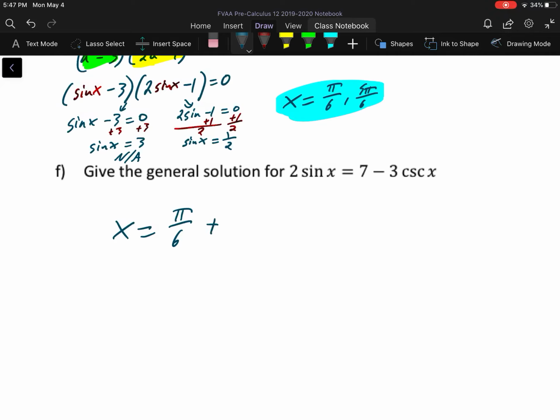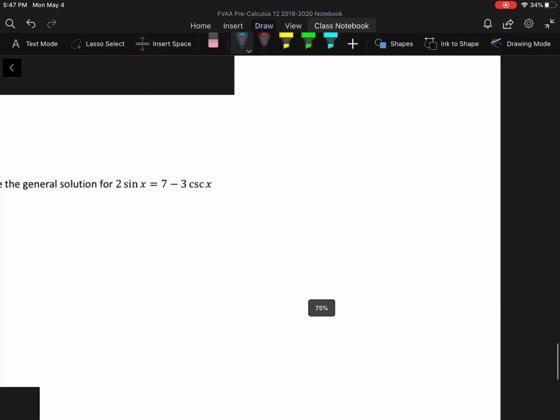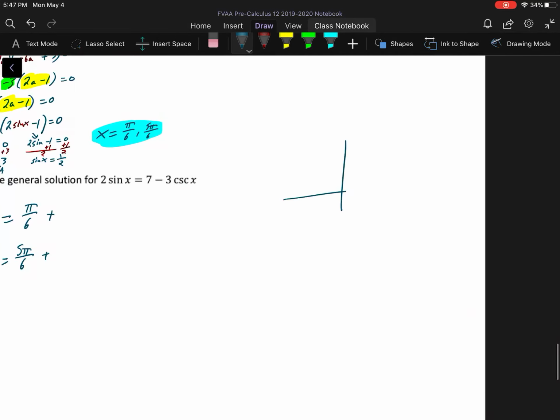So you need to come up with separate general solution statements for your two spots, right? Just like the little diagram I drew last time, one of my solutions is here, one of my solutions is here, okay? This is a difference of 2 pi over 3, or 4 pi over 6.